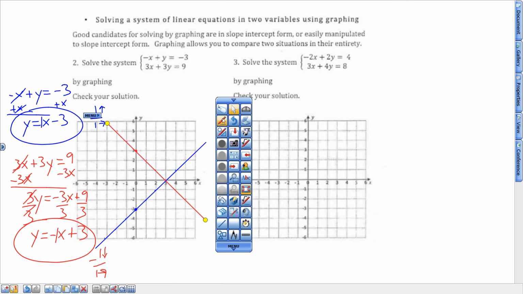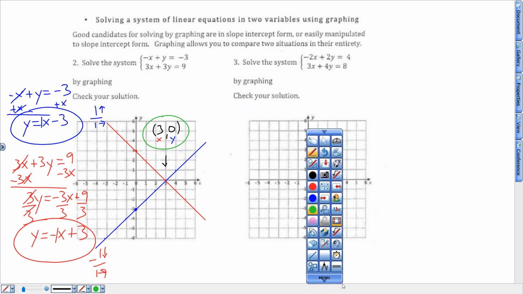So I can see where those two lines cross, that x and y number is my solution. And I can see that is 3, 0. To do a check, you got to plug in that 3 and 0 into both. So here I go. I'll do my check in green.